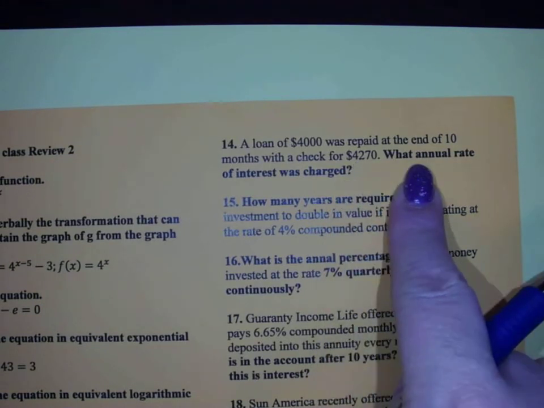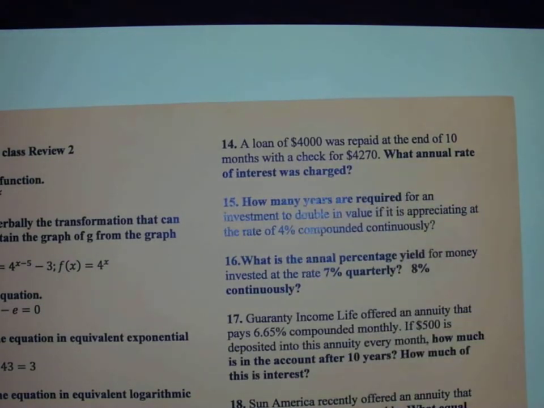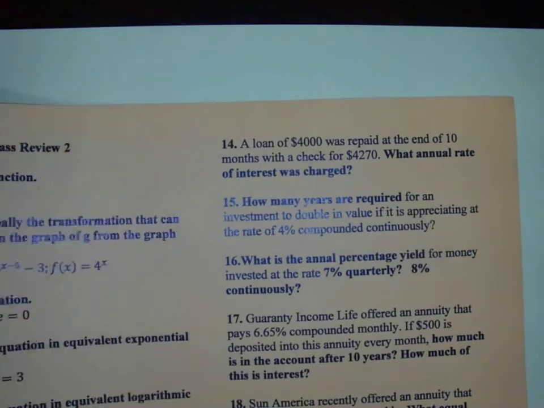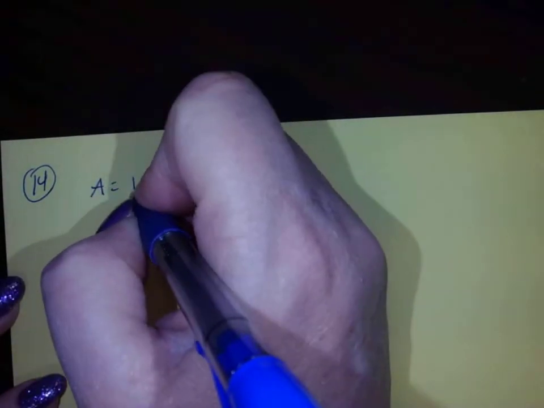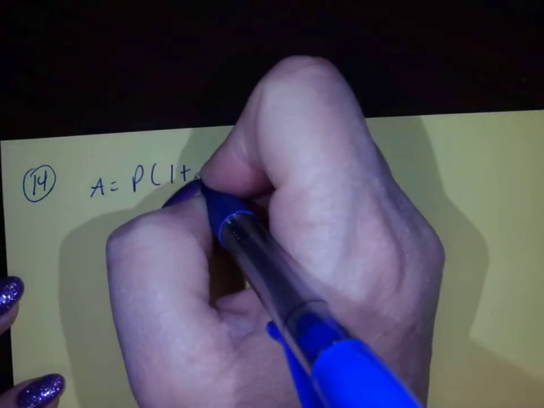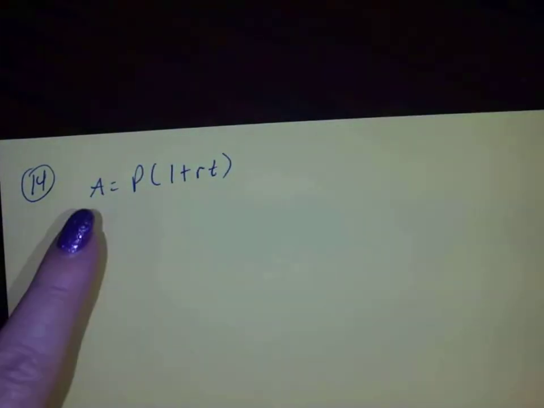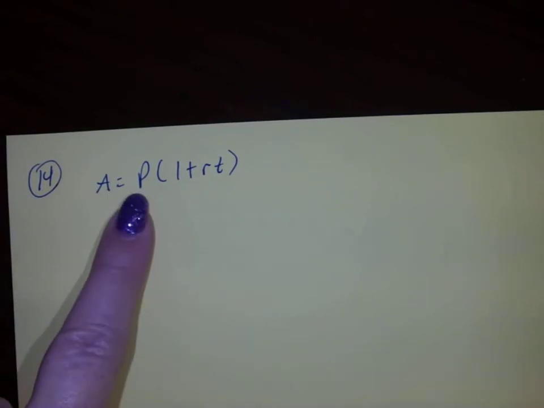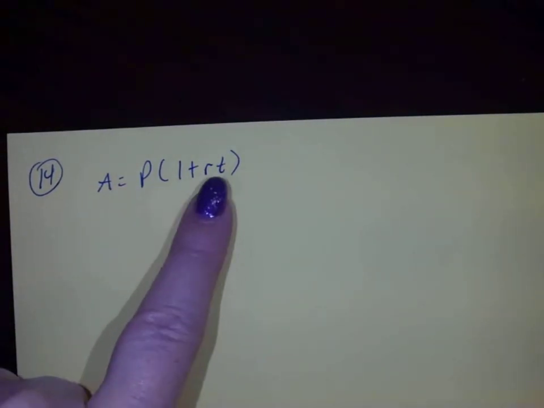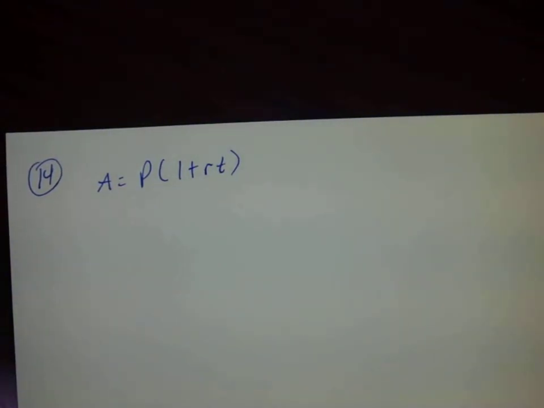So we don't have an M, we don't have an E. So in this case, we're going to have the formula of A equals P times 1 plus RT, because we have an accumulated value, a principal, a rate, and a time. So to figure out which formula you need, you have to figure out what you are given and what you are looking for.